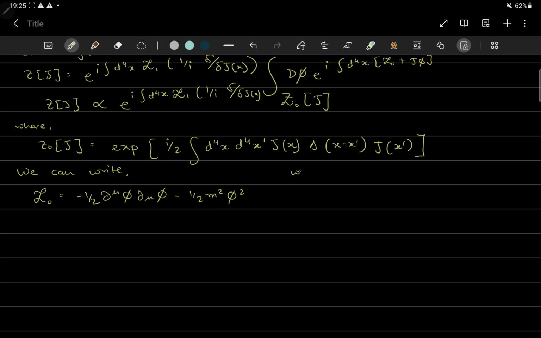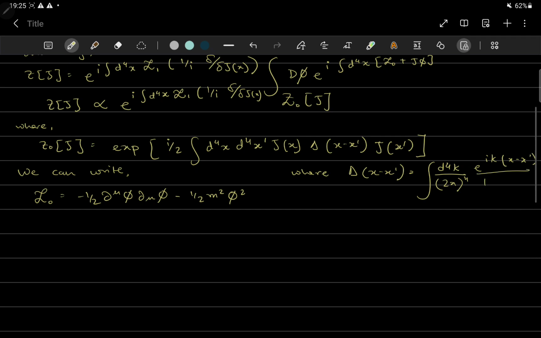Also we can write the expression of the propagator, which is given as follows for the free field, and this is something that has also been covered before.